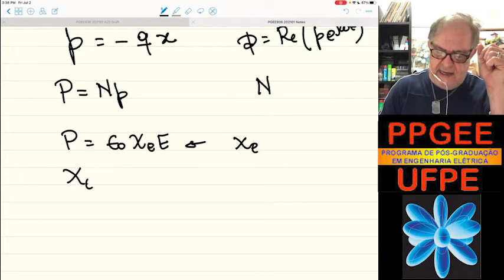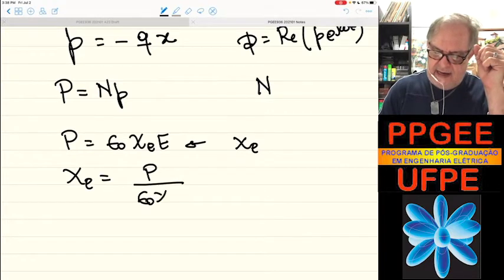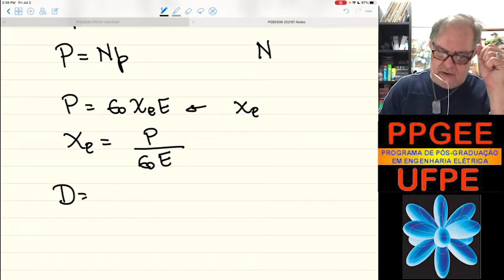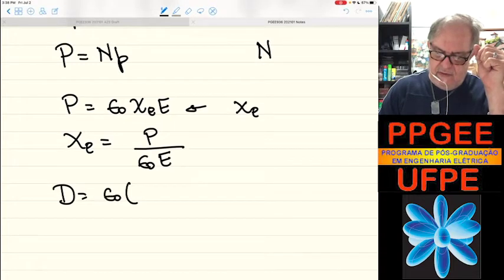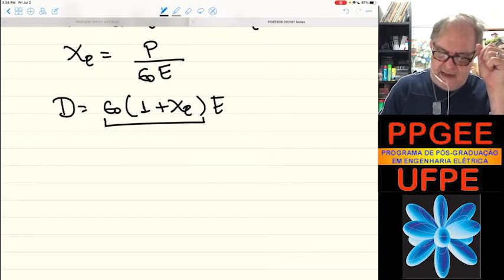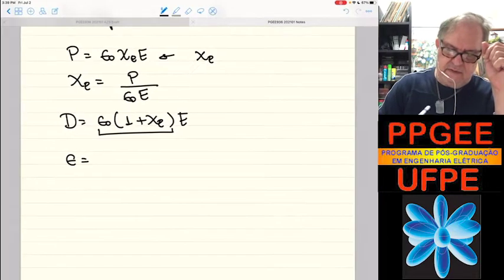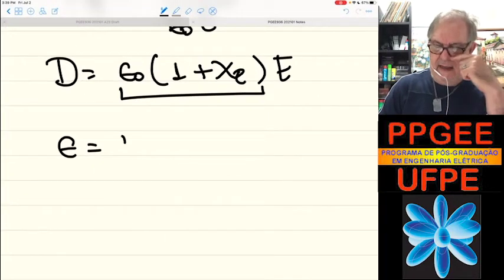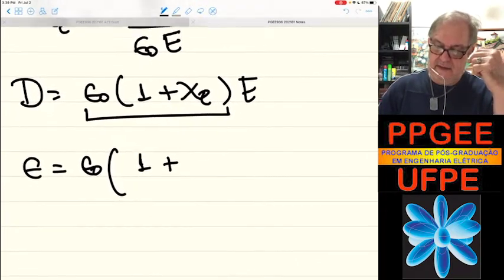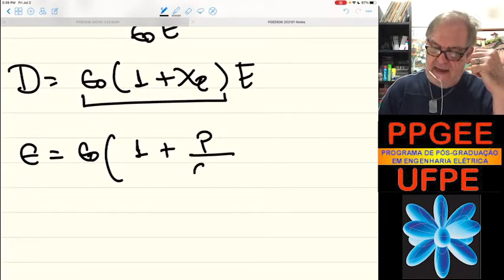So chi e equals P over epsilon 0 E. Then D equals epsilon 0 (1 plus chi e) times E. Then we have the permittivity function, epsilon equals epsilon 0 (1 plus P divided by epsilon 0 E).